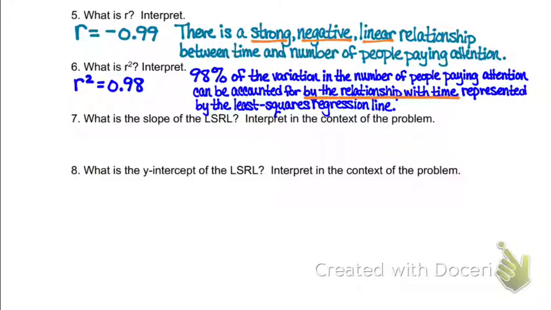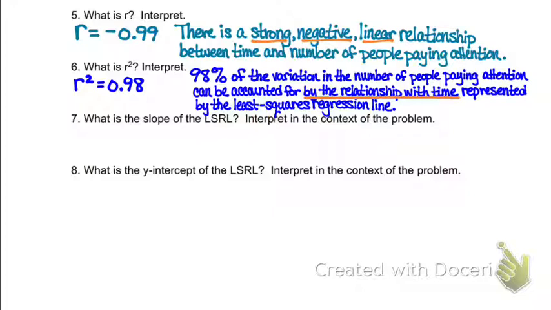The further on we'd gone in the day, the less people were paying attention. And so that least squares regression line has the smallest sum of squared residuals. So what it's saying is that basically 98%, like we have reduced the sum of the squares by 98% using the least squares regression line instead of just using the mean of y.